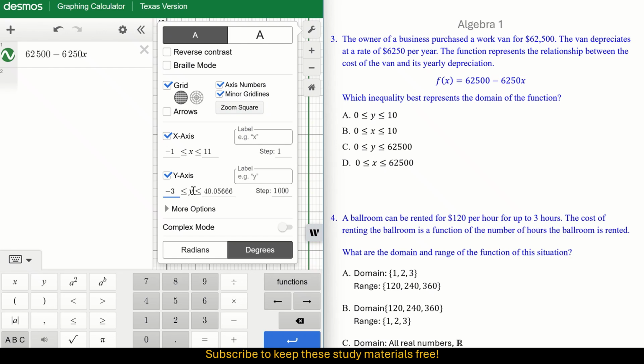Now at the top, remember, I know that my B value is a very large number. Here's my B value. That's where it's going to cross my x-axis. So I've got thousands here. I've got it reading the graph by steps of 1,000. So let's go over, let's say 6.